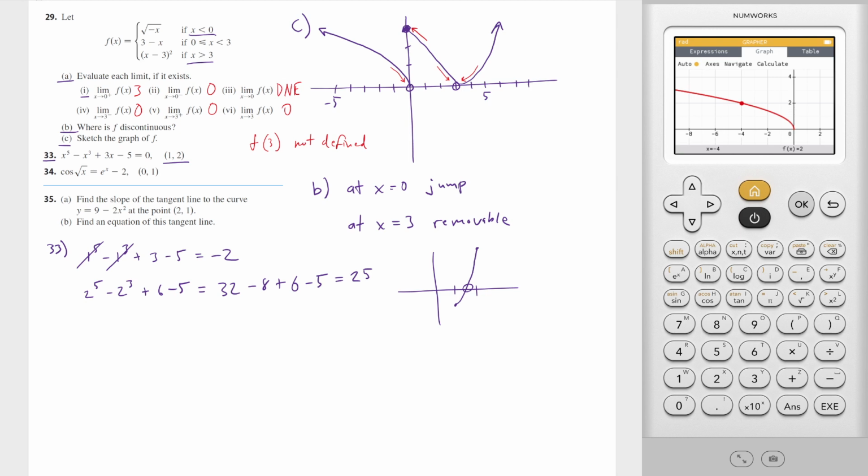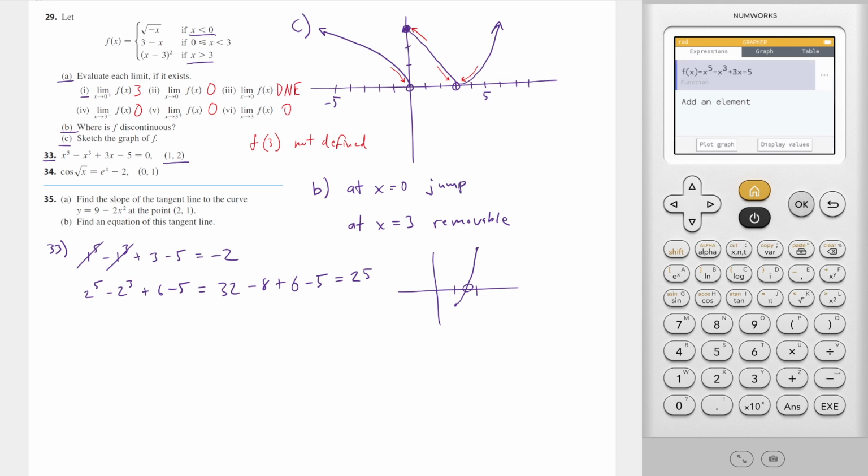And you know what? Let's go ahead and graph it. Since we are on the problem, let's go back to expressions. Okay, I'm going to clear this one out. Add an element. All right, x raised to the 5th power minus x raised to the 3rd power plus 3x minus 5.